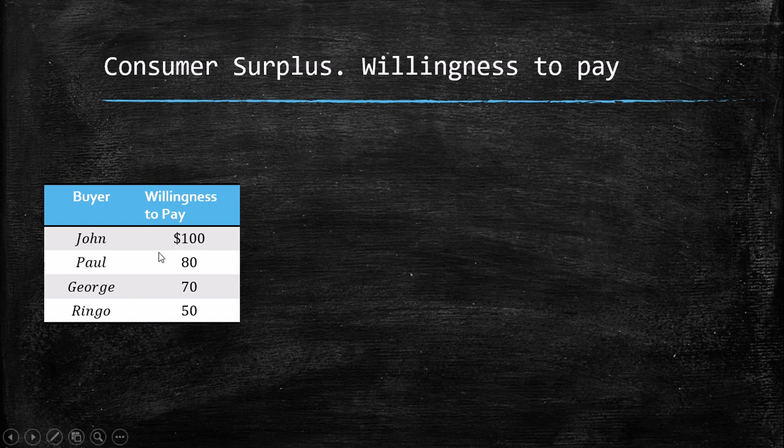So here we see John, whose willingness to pay is 100, and Paul 80, and so forth. What does it mean?